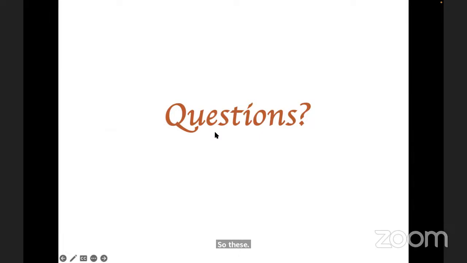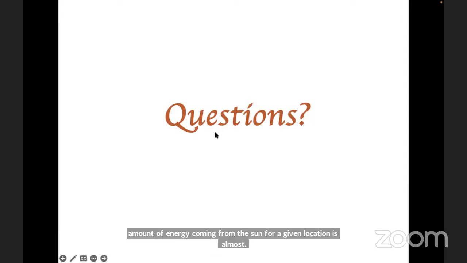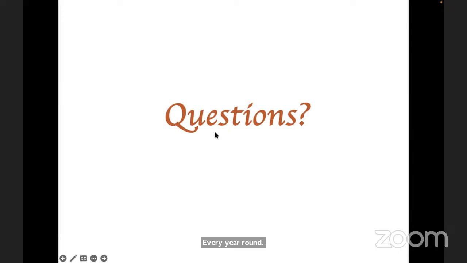I think this is a good one for our next section. The first question is, remember the global factors, they are always fixed. The amount of energy coming from the sun for a given location is almost the same year-round. The mountains don't move, and even the land-water proximity wouldn't change.